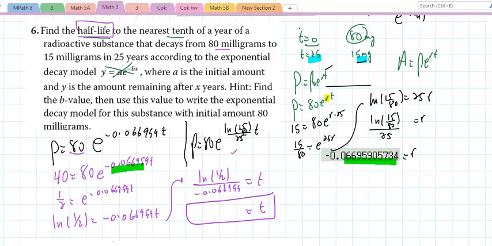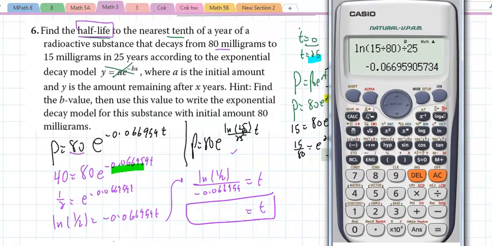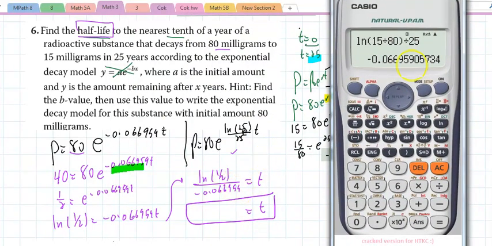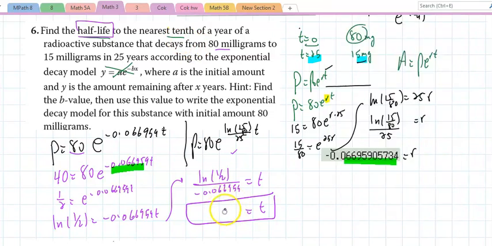I already know what's stored in my calculator. That denominator is my answer. So all I have to do is take natural log of 1/2 divided by my answer. It's going to take, what did they say, round to what? Tenth of a year. 10.4 years. In 10.4 years, this 80 milligrams will lose half of its value.